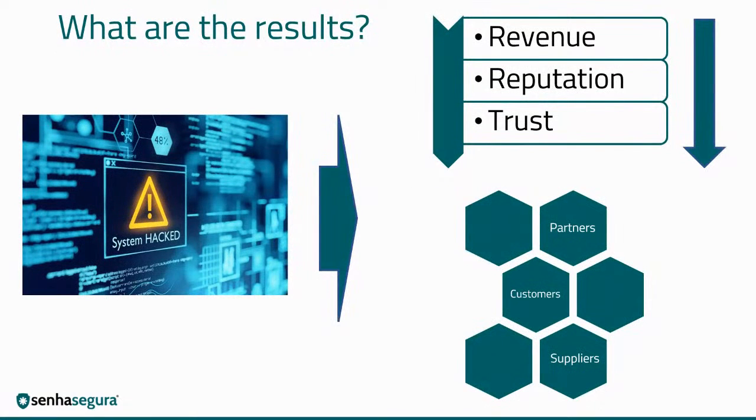And what are the results that all of those aspects bring? Well, less revenue, because if your site or your operation is not running, it can affect your revenue. Reputation as well, from your partners, from your customers, and from your suppliers, and also trust.